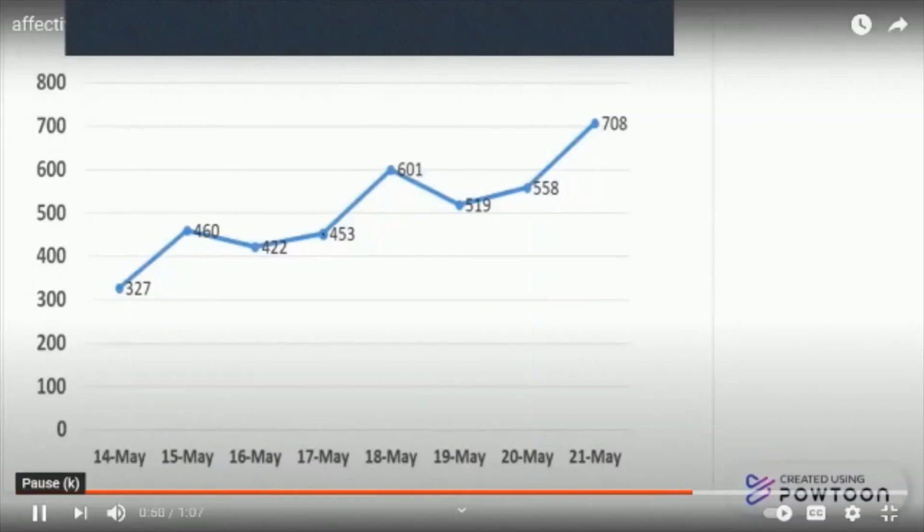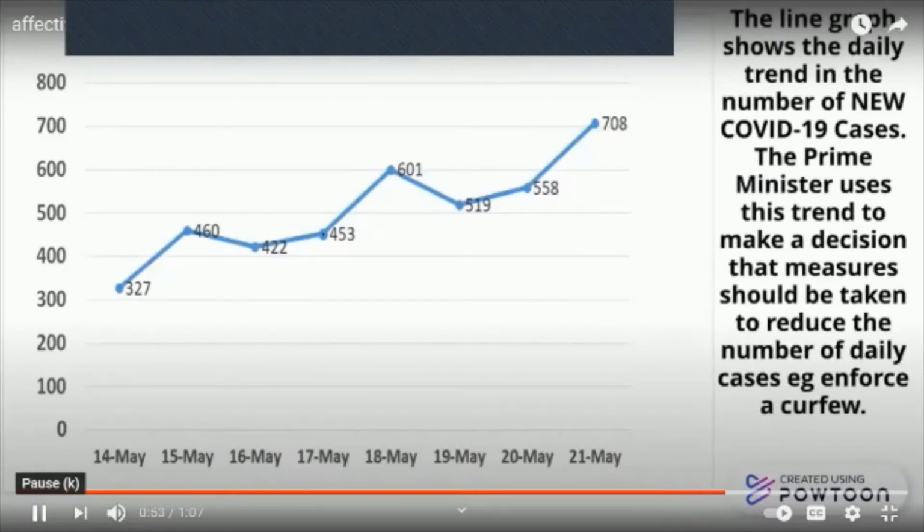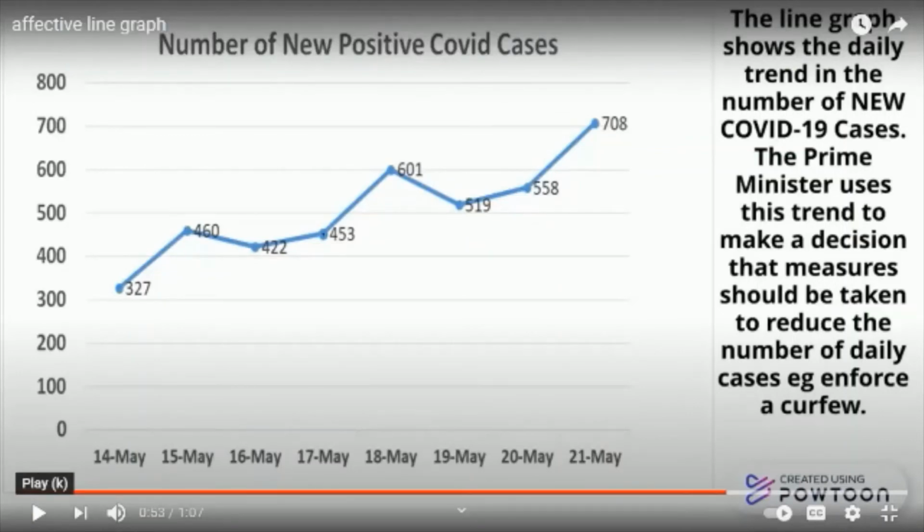Right, okay. So the line graph shows the daily trend in the number of new COVID-19 cases. The Prime Minister uses this trend to make a decision that measures should be taken to reduce the number of daily cases. All right, and one example of a measure was to enforce a curfew. All right. So again, how is this line graph useful in real life to help us? Based on this information and based on what the Prime Minister would have done.